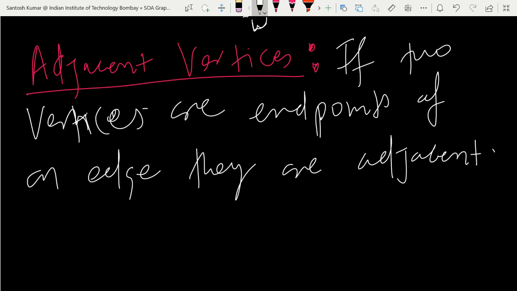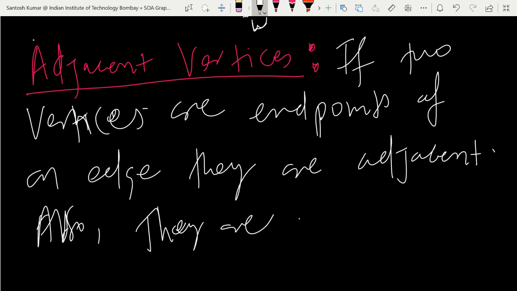So if two vertices are endpoints of an edge, then those two vertices will be adjacent to each other. Or you can say adjacent vertices are neighbors. So you can say they are neighbors.